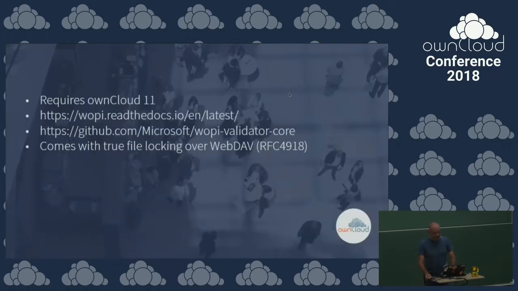So, more about the technical stuff. As of today, because we have the necessity of having this real hard locking mechanism for files implemented, it would require the server core master branch, which is what we call, what might be ownCloud 11 version.